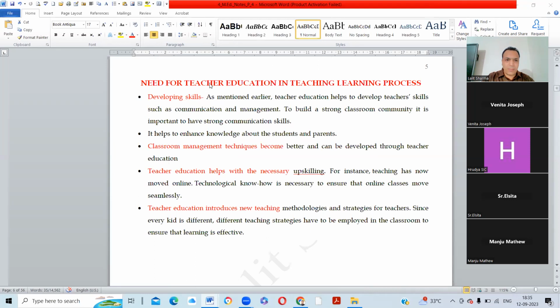Need of teacher education in the teaching learning process, you know that. Now the concept is clear to you. Now you can explain easily what is the need of teacher education in the teaching learning process, right? So basically developing skills, in the classroom you come to know about classroom management techniques. Matlab, it helps to make your teaching effective.